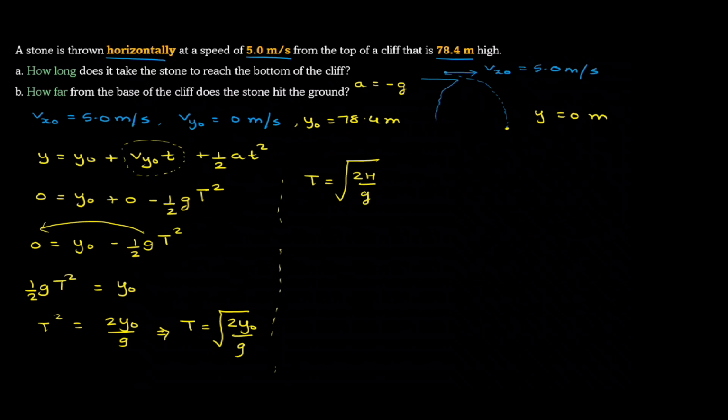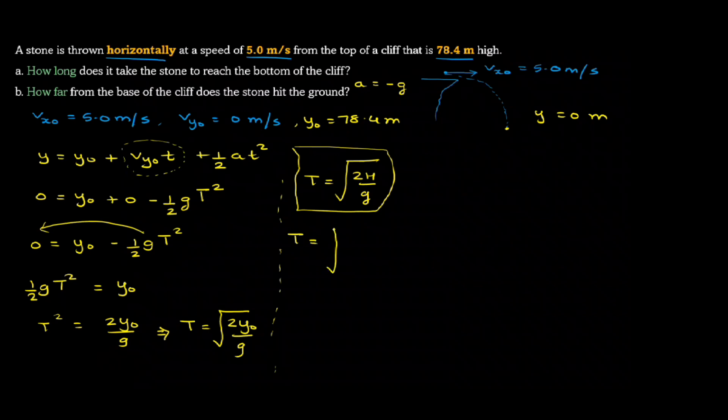So in any problem where you have a horizontally launched projectile, you can calculate how long it takes for the object to fall on the ground by directly using this rule. And if you don't remember this rule, you can always arrive here by using the equations of motion like how we discussed here. So now let's substitute to find t.